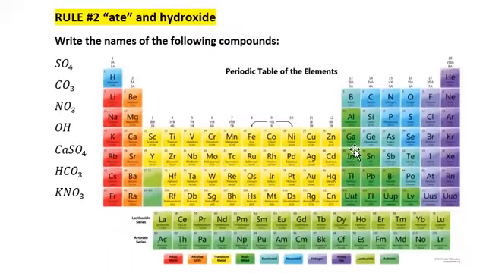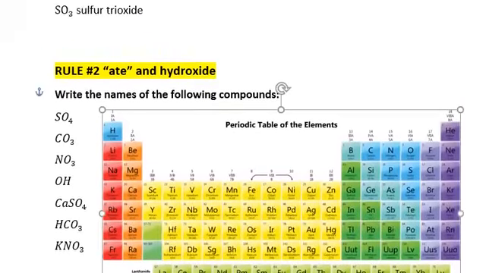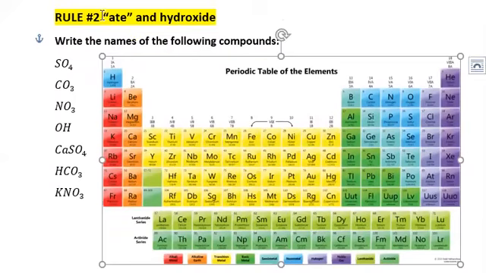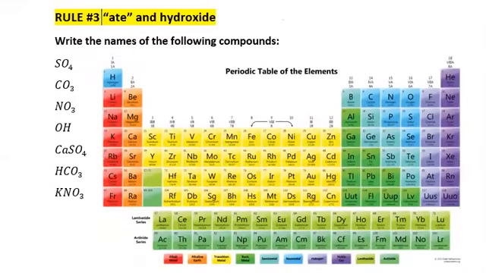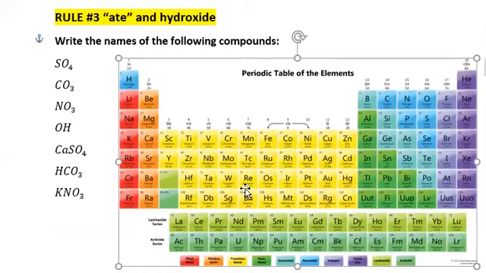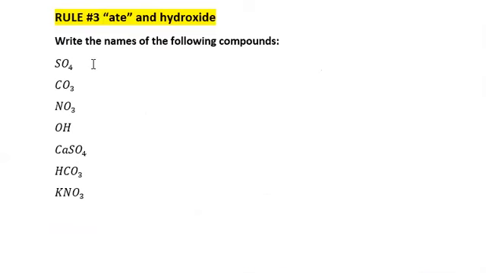All right, let's move on to rule 3. I accidentally wrote rule 2. Okay, it says write the name of the following compounds. Now, in this case, we are adding the words ate and hydroxide, right?